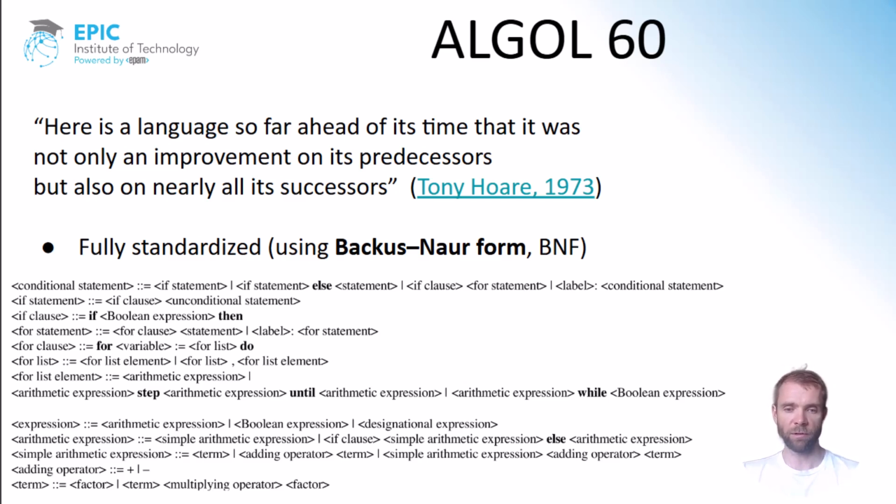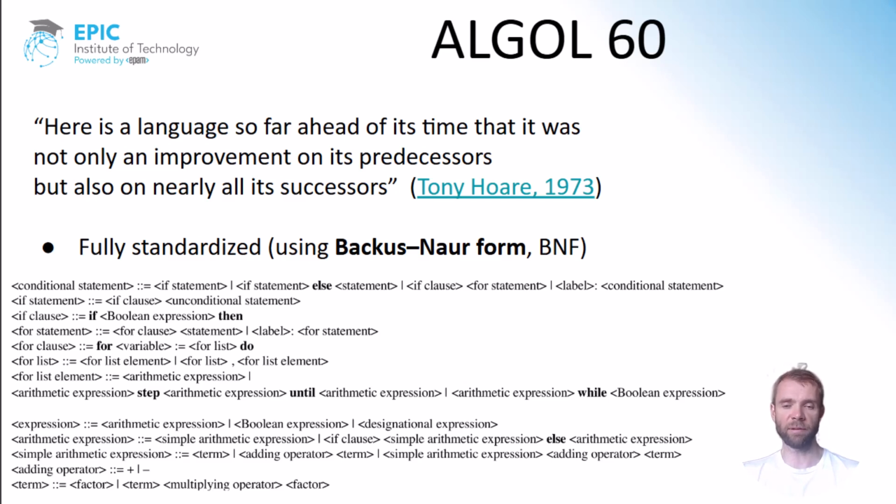So we can see also that an expression is an arithmetic expression or a Boolean expression or a designational expression, whereas an arithmetic expression also breaks down into some structures. So it can be an if-else, or it can be a simple arithmetic expression.